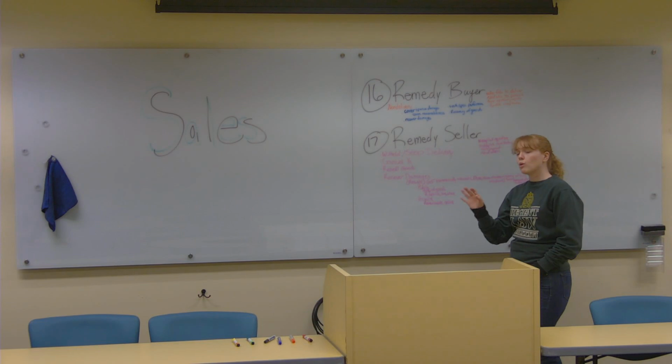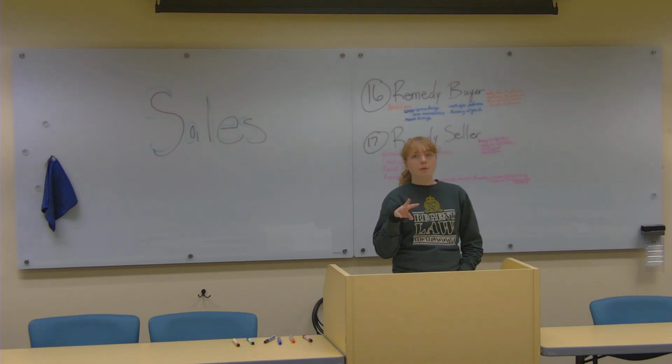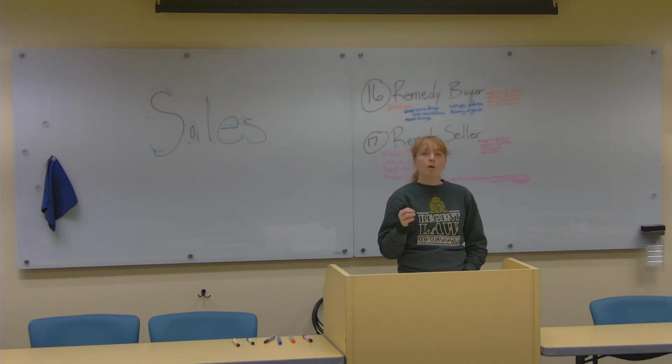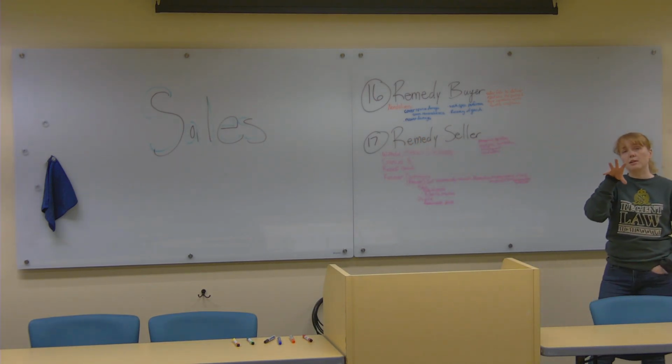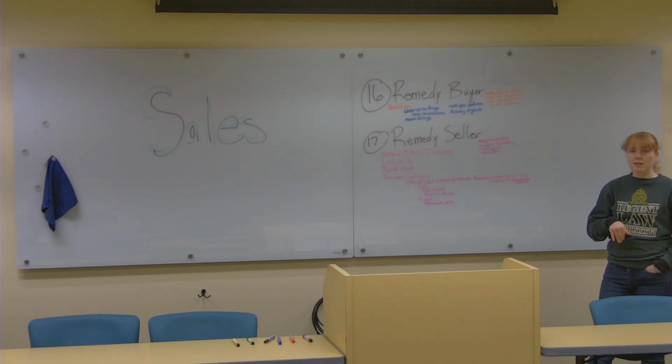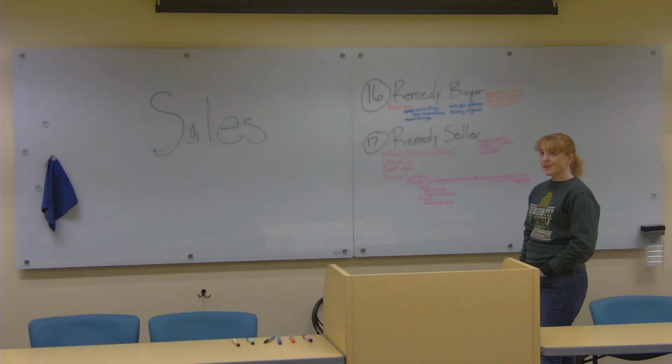So I'm going to generally go over what those remedies are for both sides and what would cause that remedy to be available for either side. And then after that, we're going to go into damages and break down each different type of damage and what the calculations are, because they're really fun and they're kind of a lot.